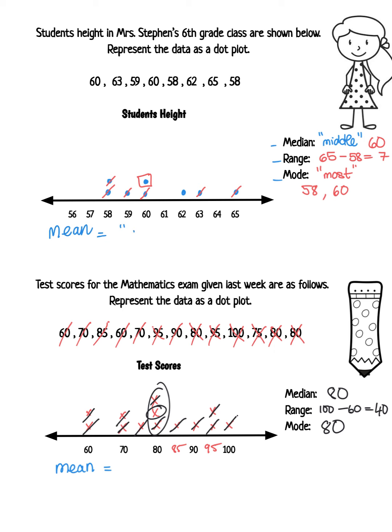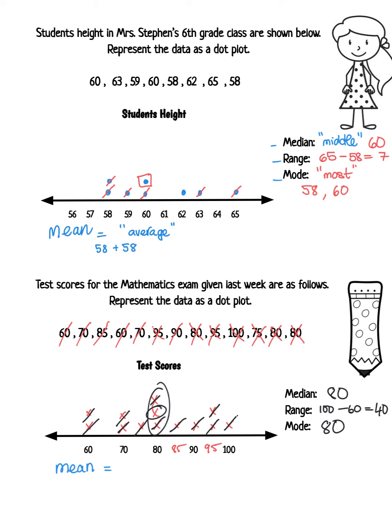Mean is the average. If I need to find the average, I will add them up and divide by how many there are. We see 58 repeated twice, so I would put 58 plus 58.